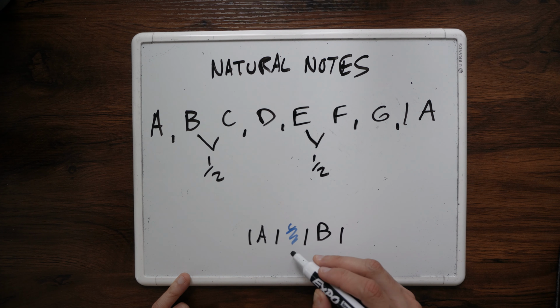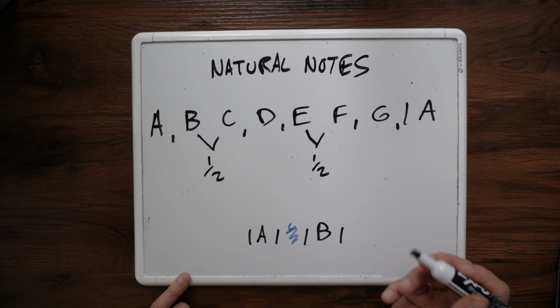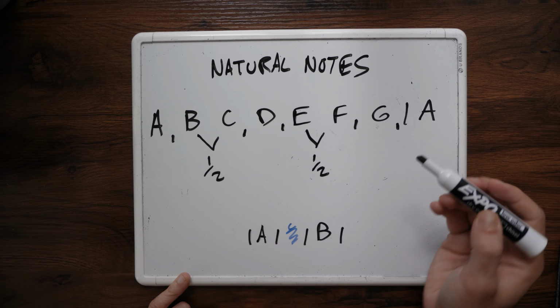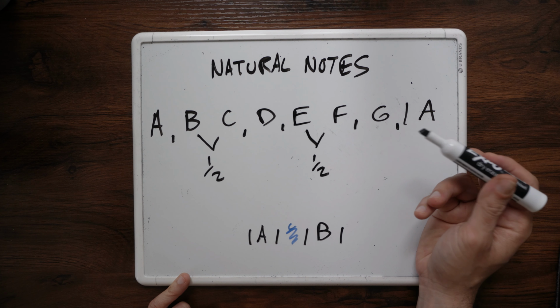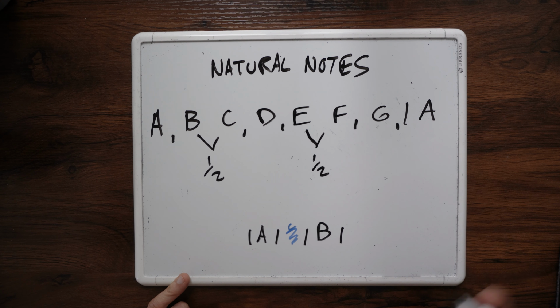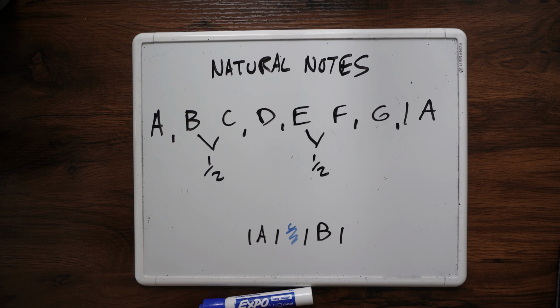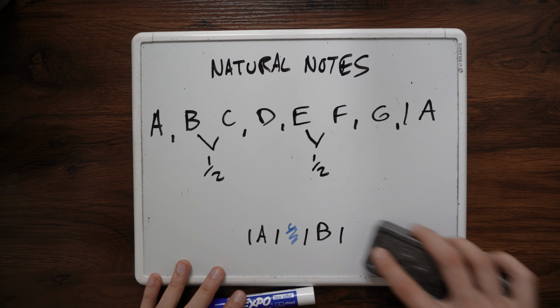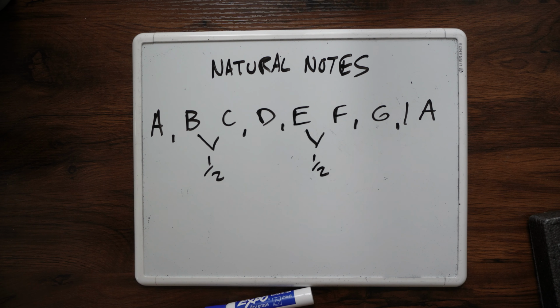So we have to find out what the note in between them is. Okay, and that's going to be the case for all notes that are apart by a whole step. So, in order to do that, we have to learn about accidentals.